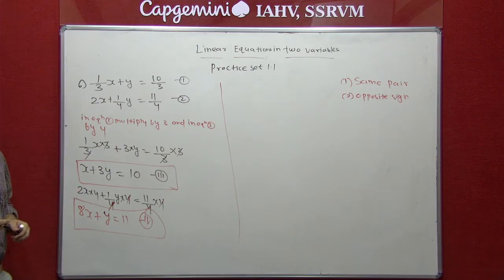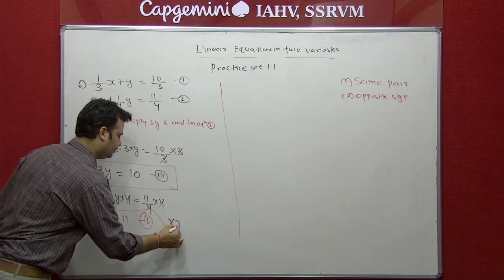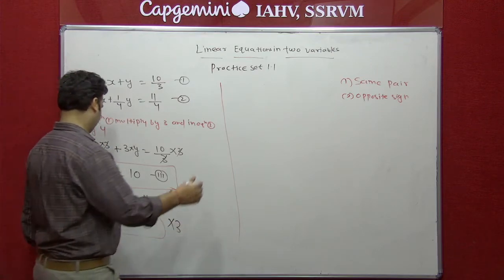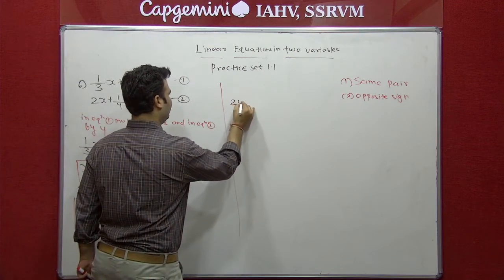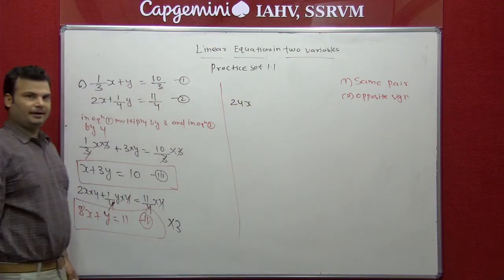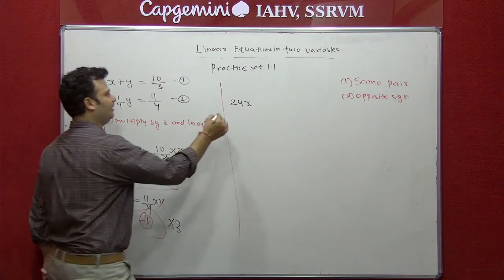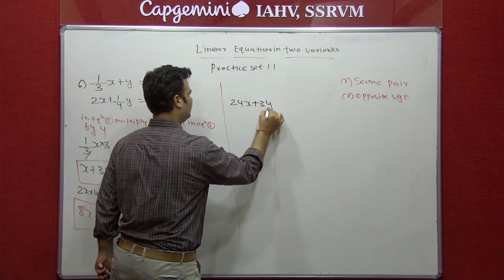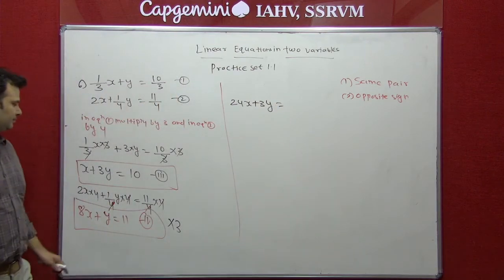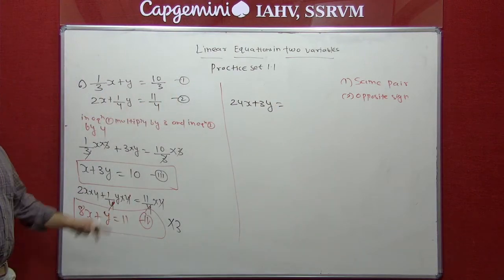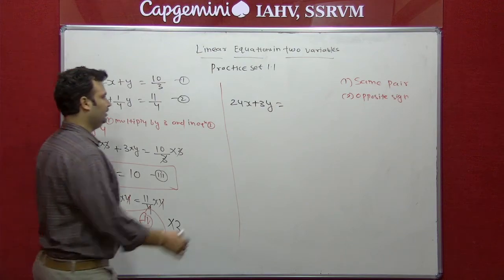If you want to make the common y, we can multiply equation number 4 by 3. So we will get 8x, that is 24x, 8 3s are 24, 3 into y, 3y, equal to 11 3s are 33, because we have to make the same pair, 33.